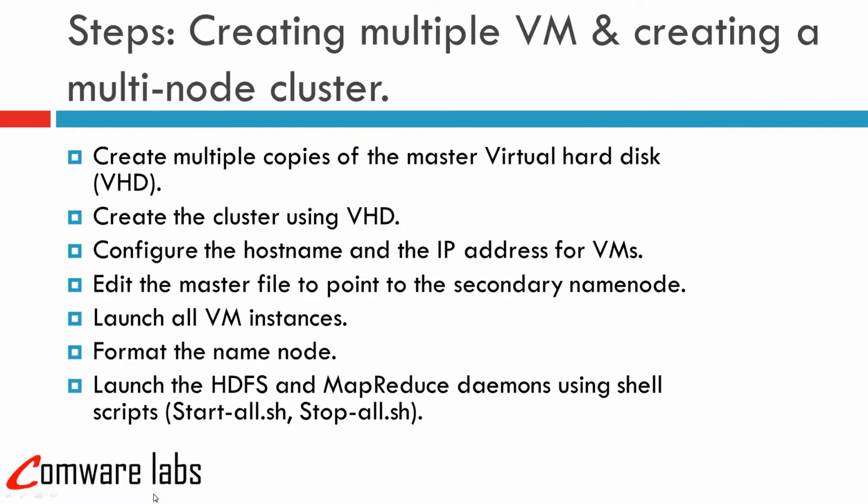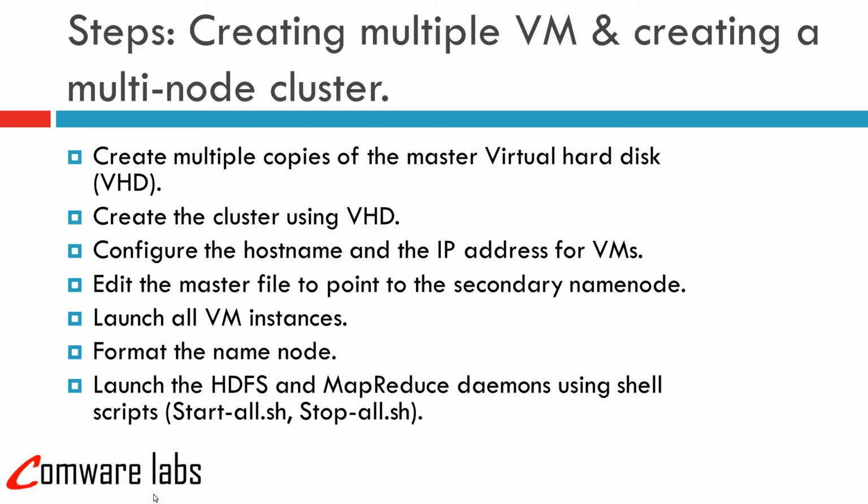Okay, now we're getting there. Now we have to create multiple VMs from the VM we just created. That is, create multiple copies of the master virtual hard disk, and then create a cluster using those copies.